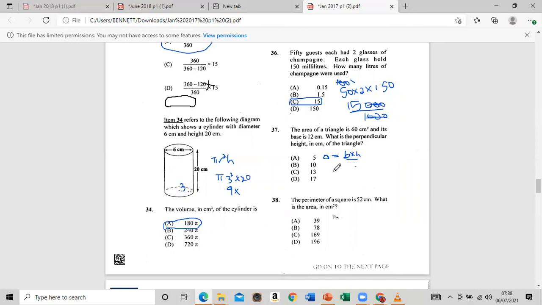So the area 60 is equal to 12 times height divided by 2, right? So we transpose, so it would be 60 times 2 divided by 12. So that's 120 divided by 12, so it's 10.